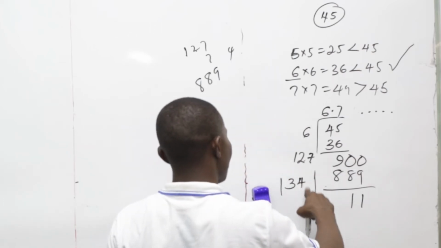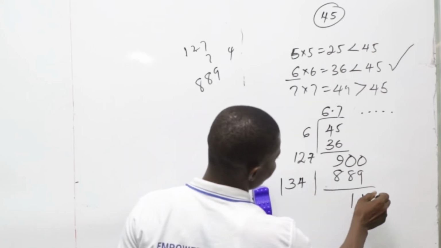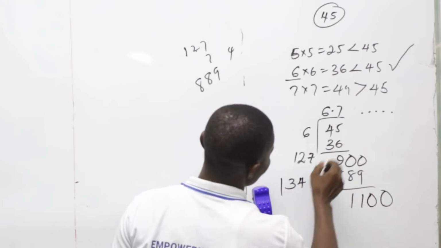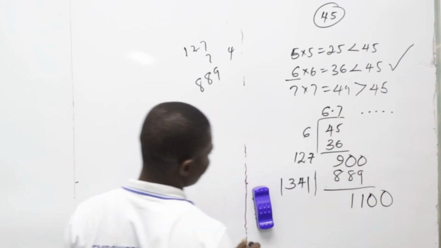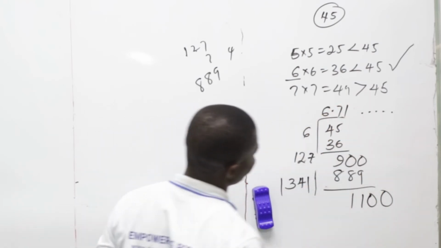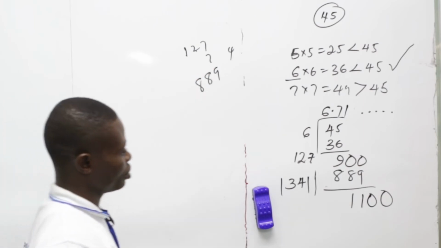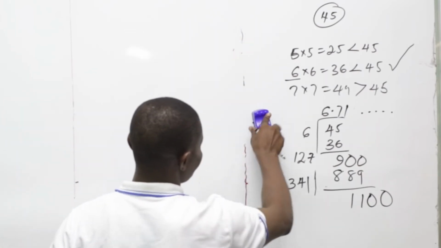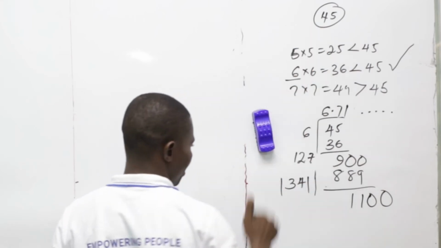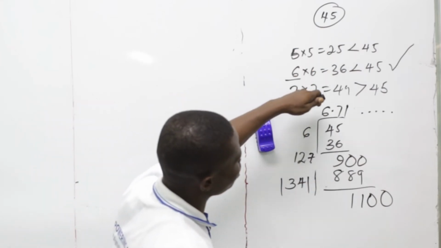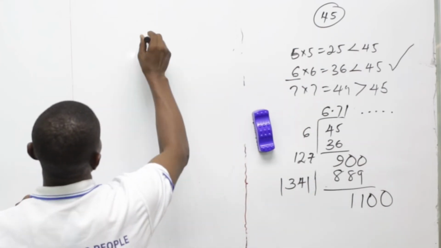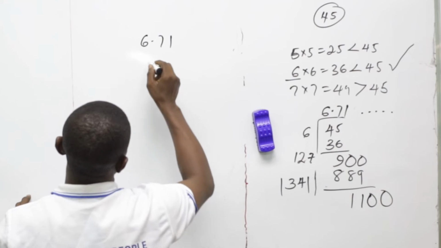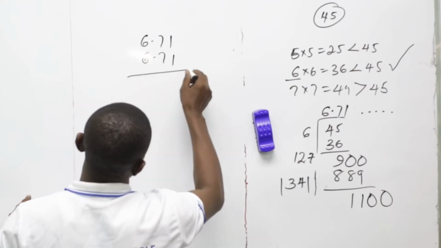You must invite a number here. Add 0, 0. Let's say 1. Let's say this 6.71. Okay, checking it again. Remember, we are targeting to get 45. That is square of 6.71. 6.71 times 6.71.